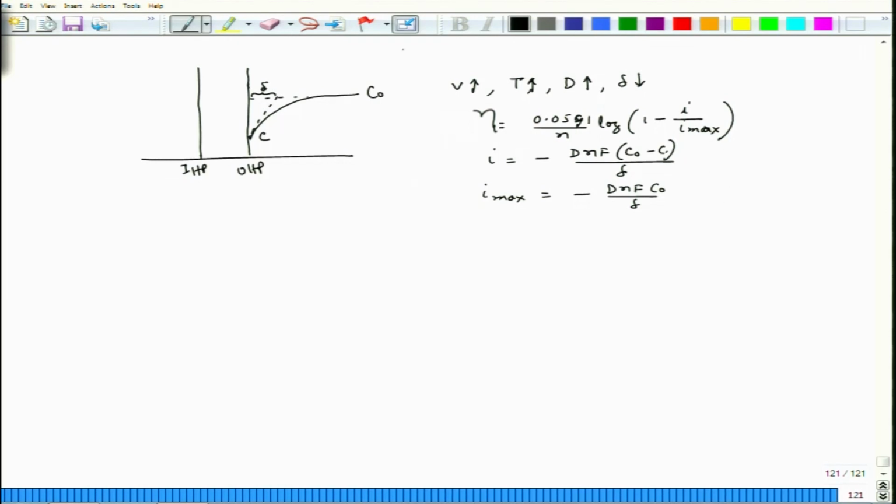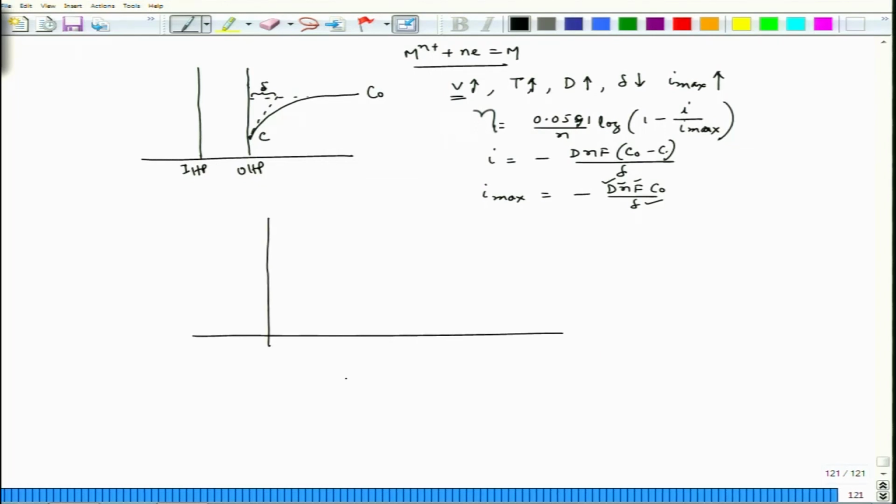Now, for a particular reduction process, n and F are constant. Because velocity increases, I am increasing temperature, and due to this D is increasing, delta is decreasing. So I max also increases.